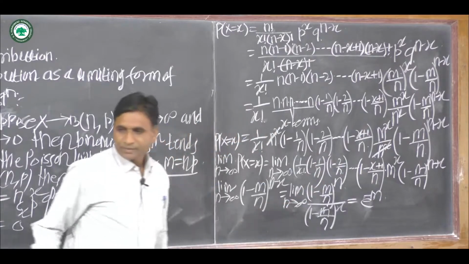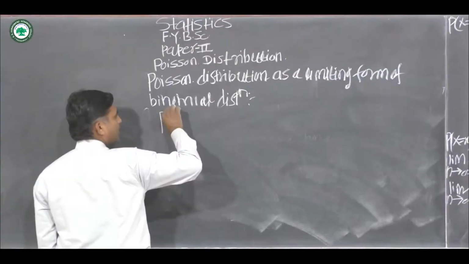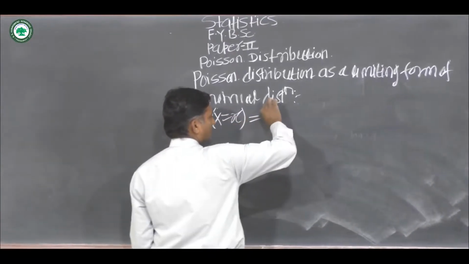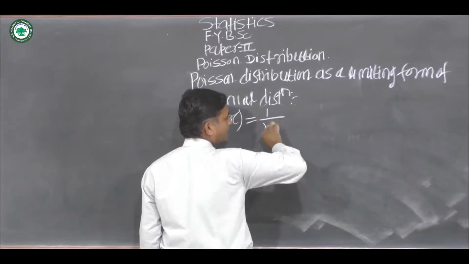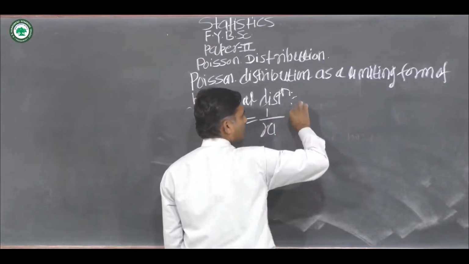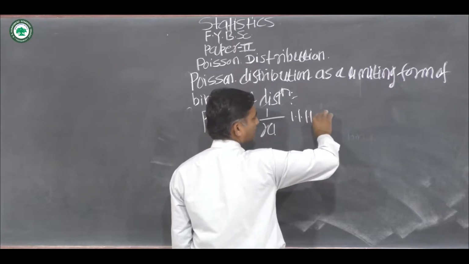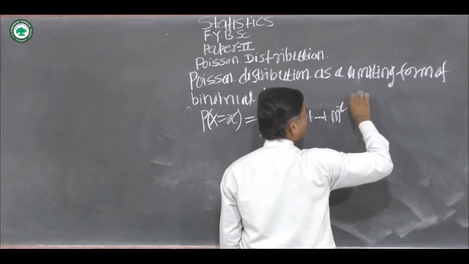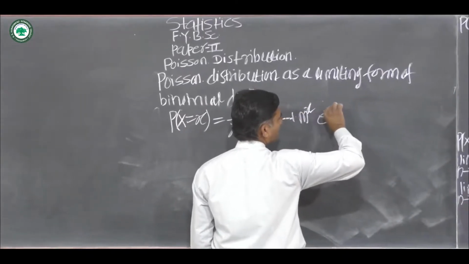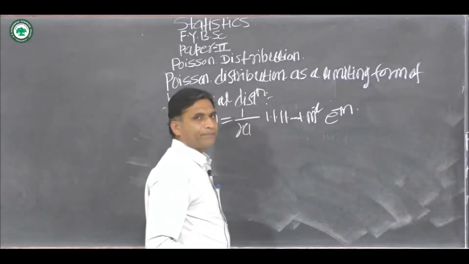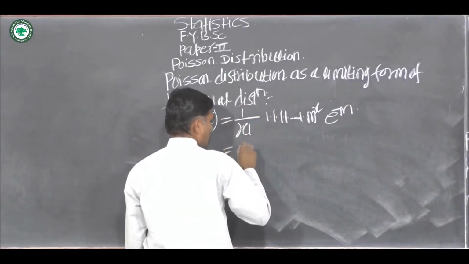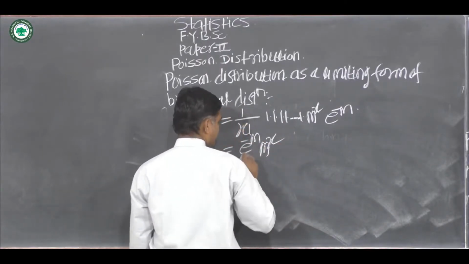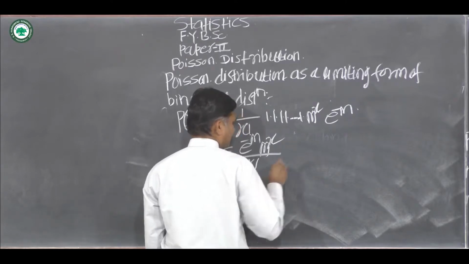Now the probability of X equal to small x is equal to 1 upon x factorial into 1 into 1 into 1 ... into 1 into m raised to x into e raised to minus m, which is equal to e raised to minus m, m raised to x upon x factorial.